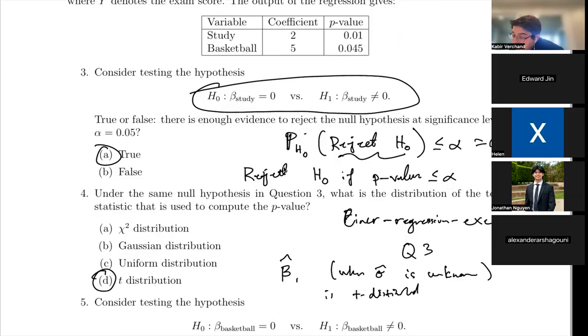And in order to actually do this hypothesis test, you're using a test statistic which is based on this quantity beta hat 1, your fitted coefficient, or rather beta hat study. So this test statistic is actually based on the t-distribution.